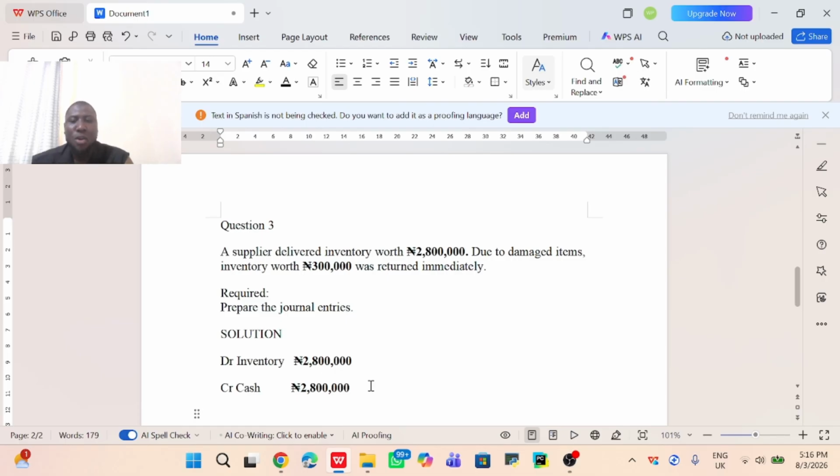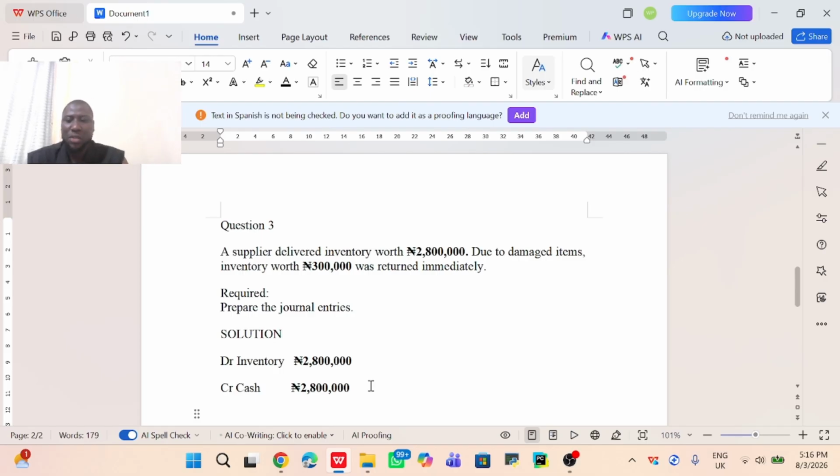For example, you paid 2,800,000 naira with cash. They now gave you 300,000 naira back, right? That means in that account you have 300,000 naira, not zero again. So in that inventory, you no longer have 2,800,000 naira of goods. You now have 2,500,000.